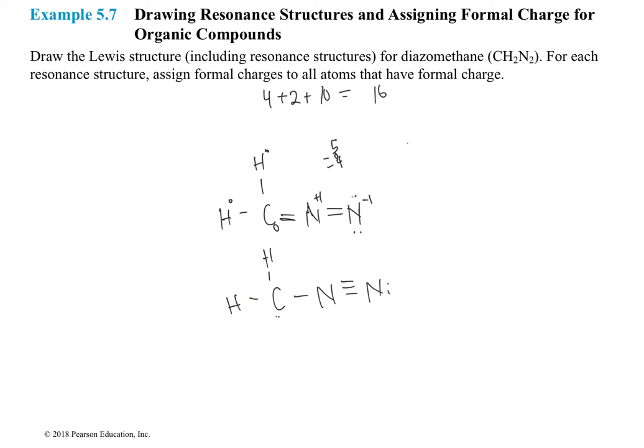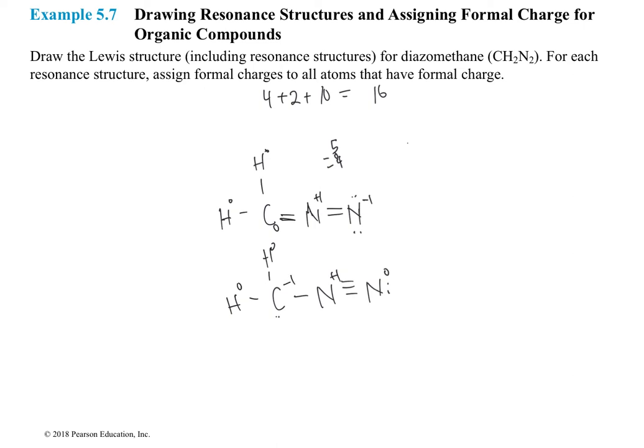Let me make sure I have enough electrons: 2, 4, 6, 8, 10, 12, 14, 16. That works. Here, the hydrogens will still be 0. This nitrogen is still +1. Now this nitrogen is 0. And this carbon is +1. So then you want to, I lied, -1.